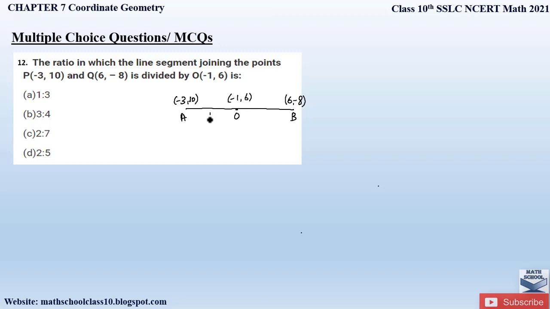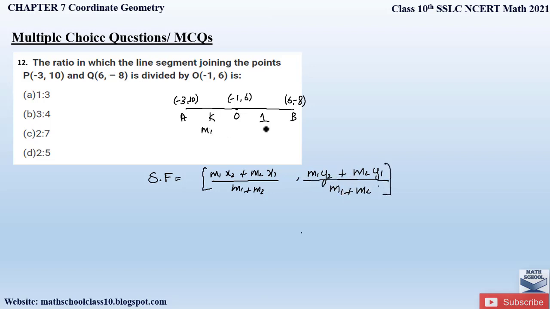So let us assume this ratio initially to be k:1. Now we can apply the section formula to find out this ratio. The section formula is given by (m1 x2 plus m2 x1) divided by (m1 plus m2), and the y coordinate part is (m1 y2 plus m2 y1) divided by (m1 plus m2).